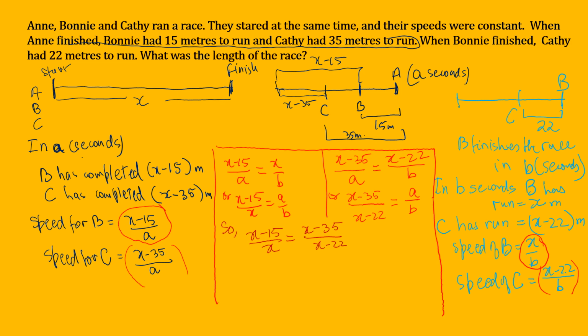So I will do some cross multiplication and you will see the magic. We get x squared minus 22x minus 15x plus 22 times 15, which is 330, and that equals x squared minus 35x.